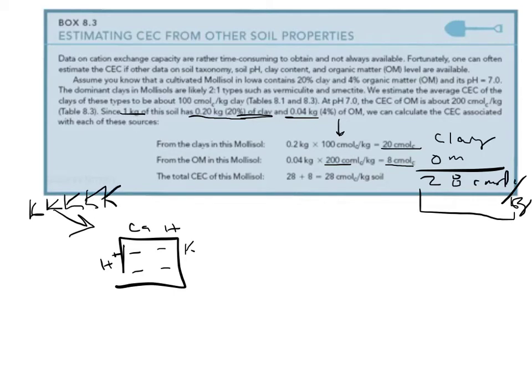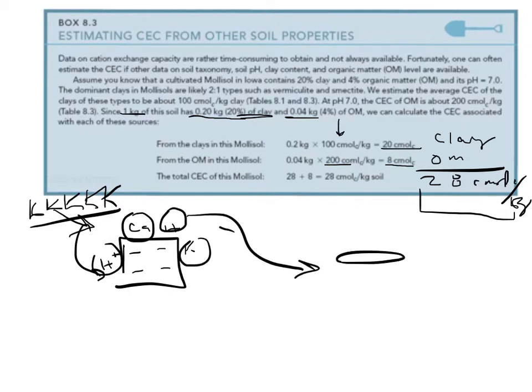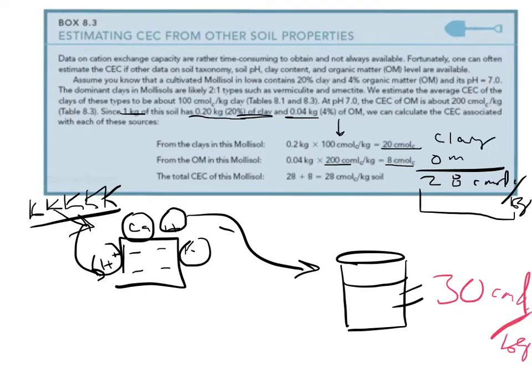We'll write a bunch of potassiums that go into this solution, and they'll take each one of these and basically bump them off. We can collect a solution of that, and we can determine what the CEC is based on how many of these cations actually came out of the solution. Maybe we might see that it's 30 centimoles of charge per kilogram. Okay, that's another way we can determine the CEC of a soil.